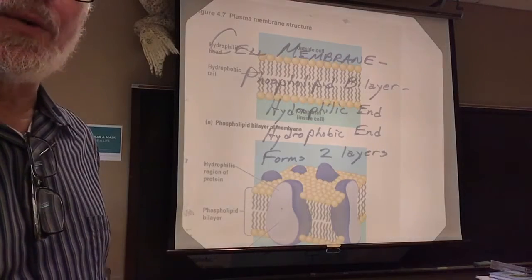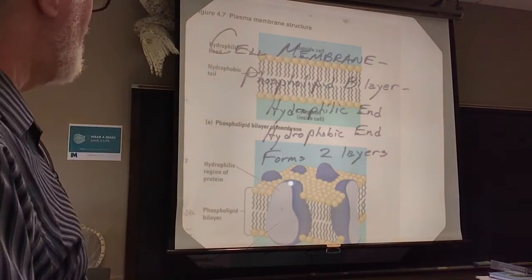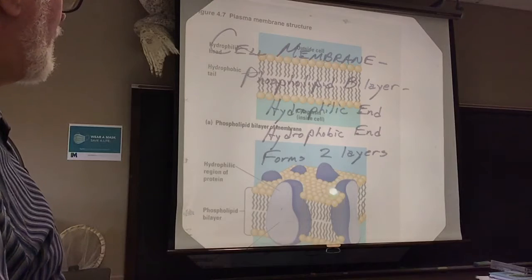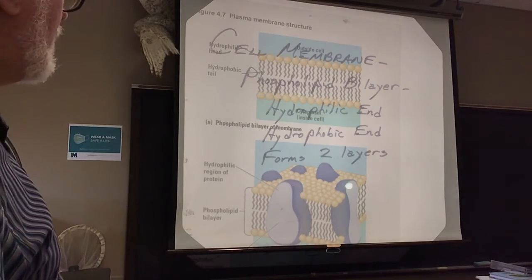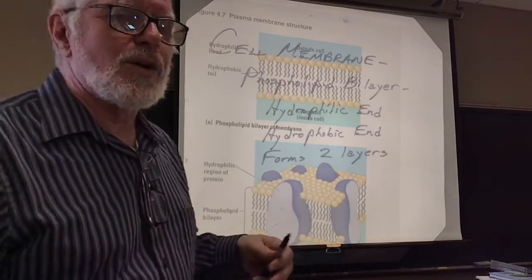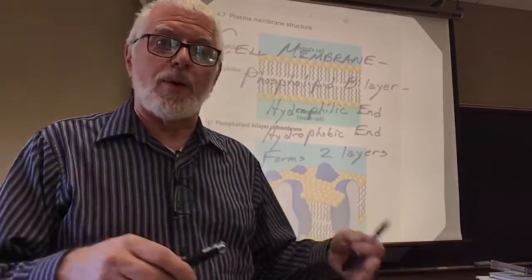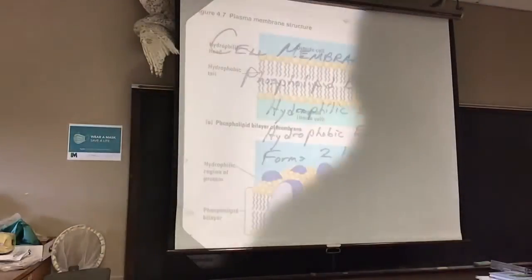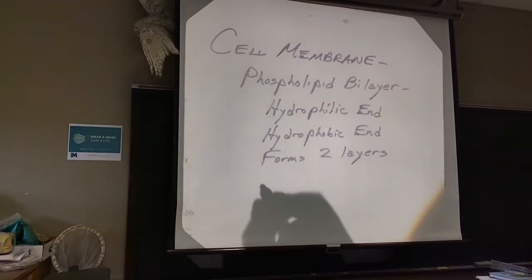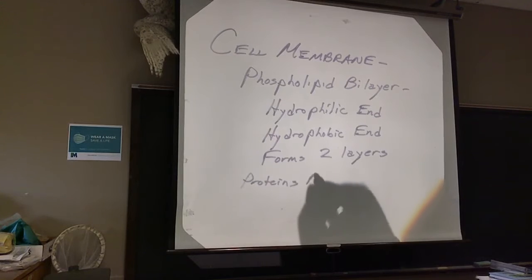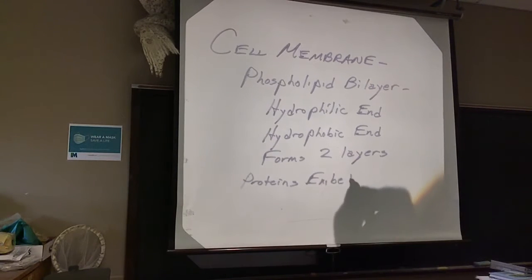So they naturally go into the hydrophobic part of the layer, and ends of the molecule that are okay with water go into the hydrophilic ends. So you have these proteins kind of floating around in the membrane like icebergs. And they call that being embedded.